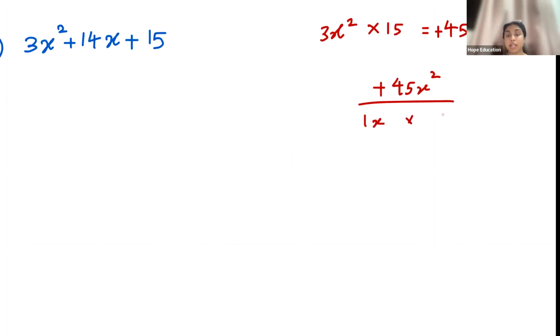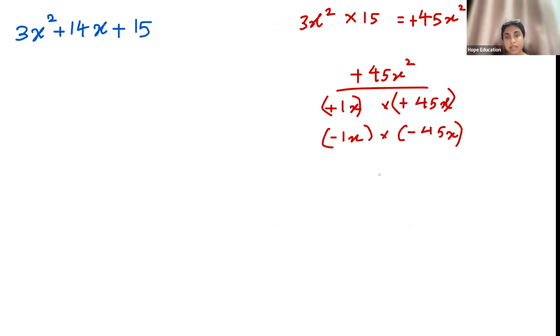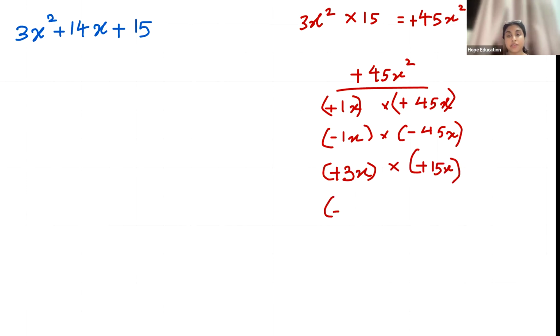If you want to get plus, we have to multiply the same sign. So plus 1x multiplied by plus 45x, or minus 1x multiplied by minus 45x. Plus 3x multiplied by plus 15x, or minus 3x multiplied by minus 15x.